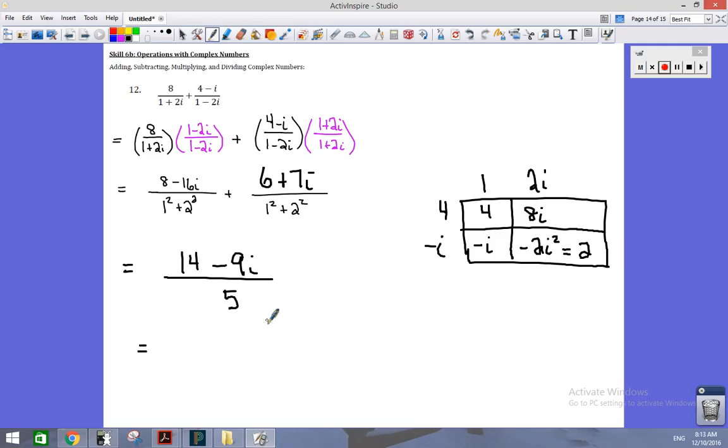Many people, technically, if you want to get it in that a plus bi form, take this single fraction and split it up into 14 over 5 plus negative 9 over 5 times i. Because now it's obvious that it's in a plus bi form, where a is 14 over 5, b is negative 9 over 5, and i is the imaginary unit. But it's fine to leave it like that, at least it's fine with me. Like I say, you'd have to check with an instructor to see.